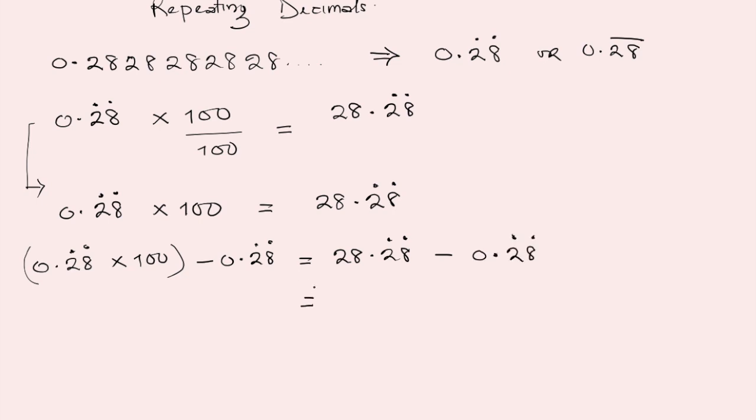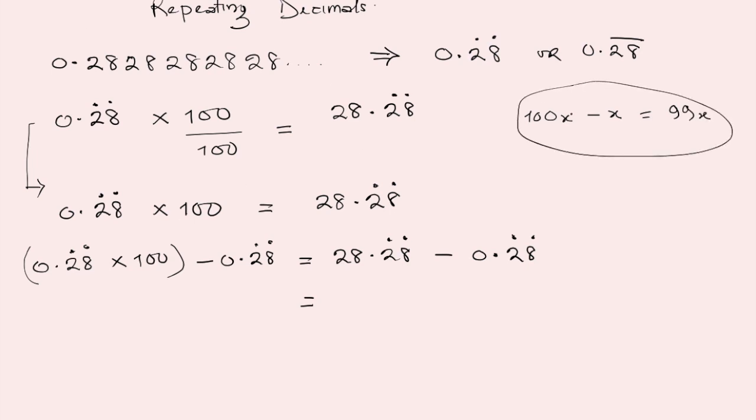Here we have a hundred of 0.28 and we're subtracting one 0.28. If, for example, you have 100x and you're subtracting x from it, you have 99x remaining.